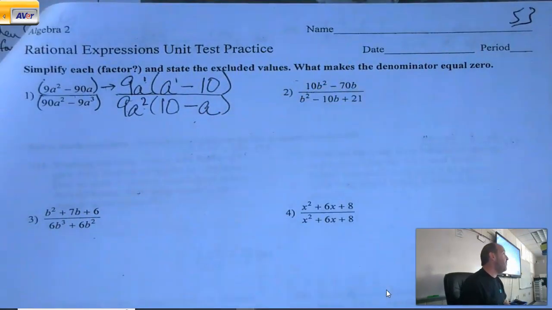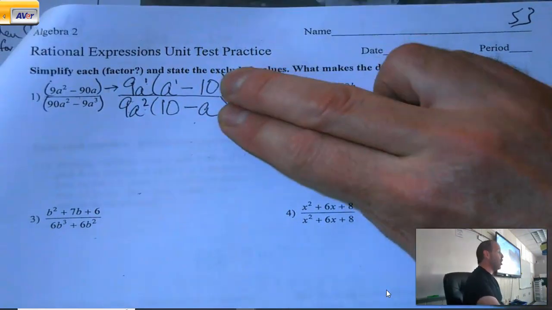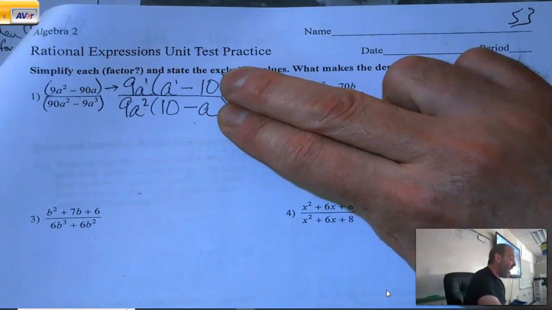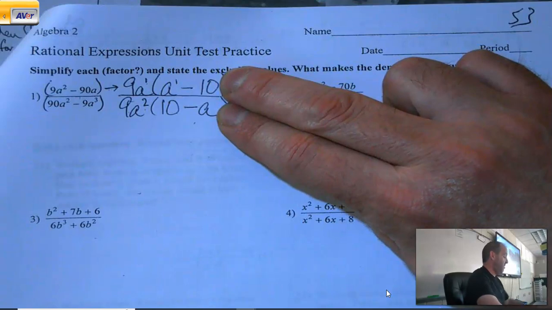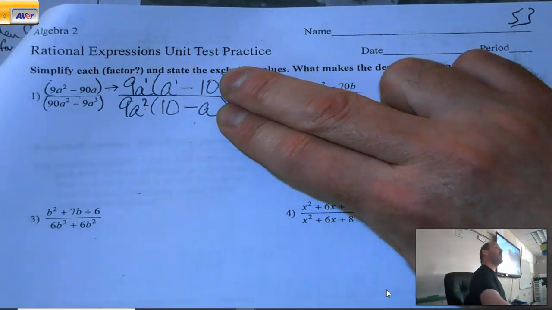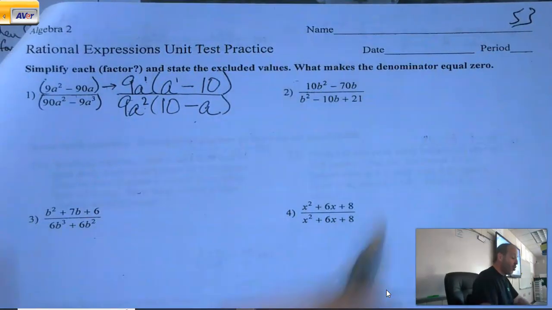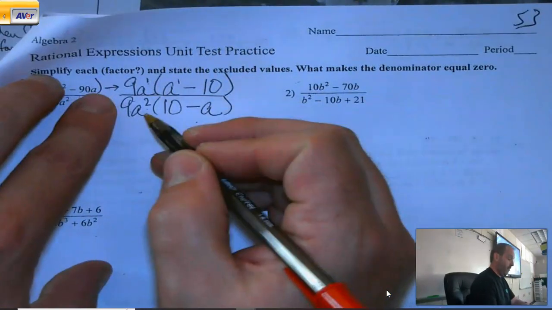Minus A. We've been in this situation before. These are not the same currently, but they're close. Their signs are just flipped. How do I fix that? Factoring out something. What's the something? A negative. You can do it to either one.